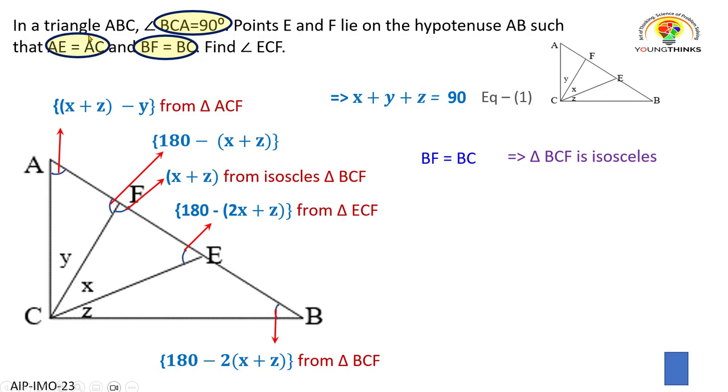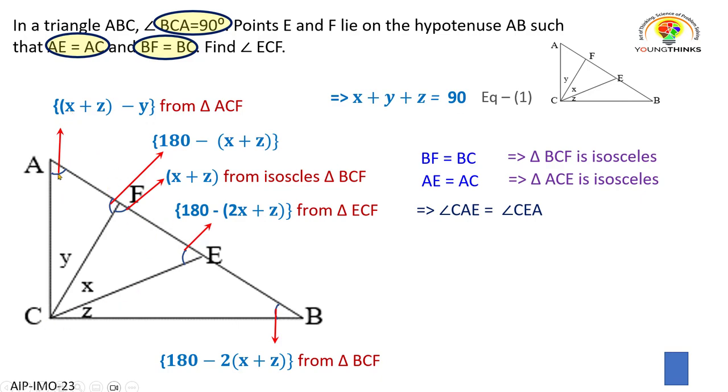Now, because AE and AC are equal, making it an isosceles triangle, in an isosceles triangle your CAE and CEA are both going to be equal.